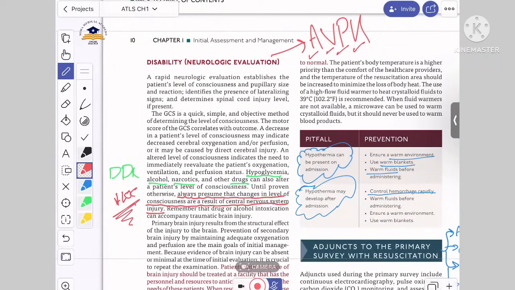There are differential diagnoses. Again, if you receive a patient with decreased level of consciousness after trauma, think first about head trauma, but don't forget drugs. Don't forget hypoglycemia, which is very common in a traumatized patient. And don't forget alcohol and narcotics.